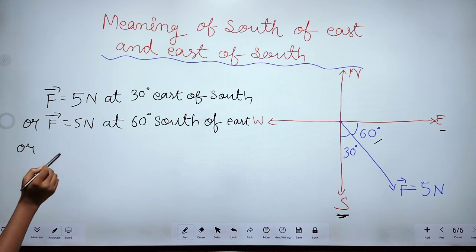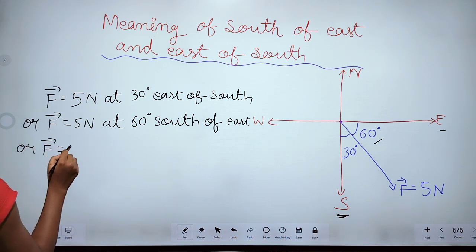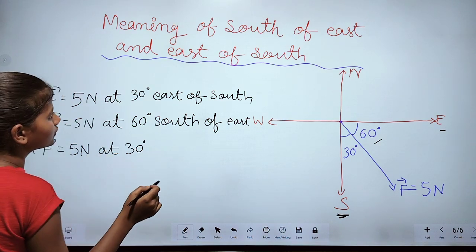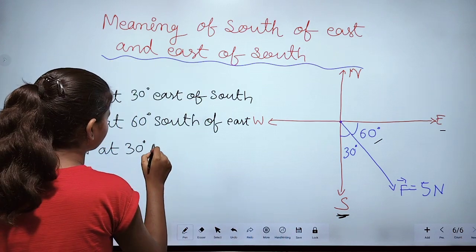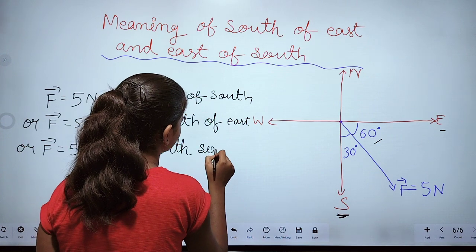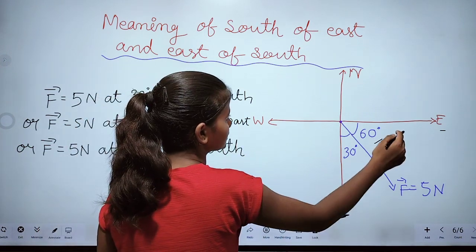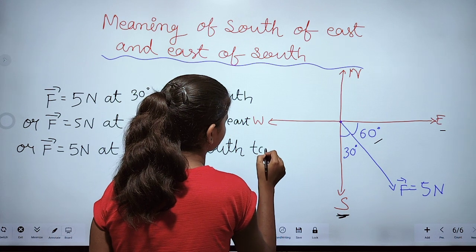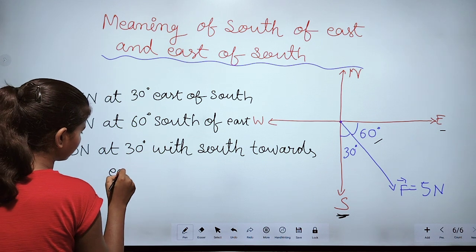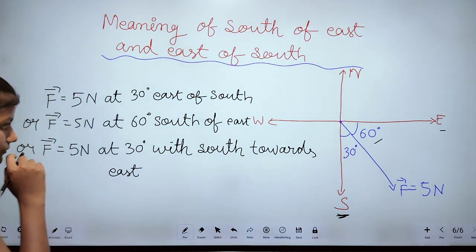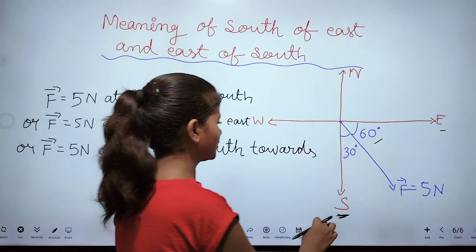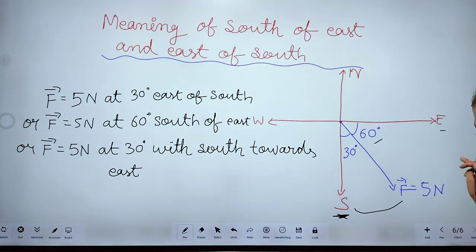Or F vector is equal to 5 Newton at 30 degree with south towards east. Okay, 30 degree with south towards east.